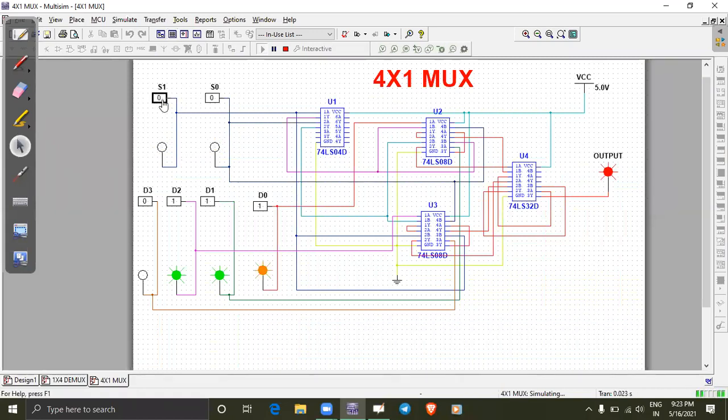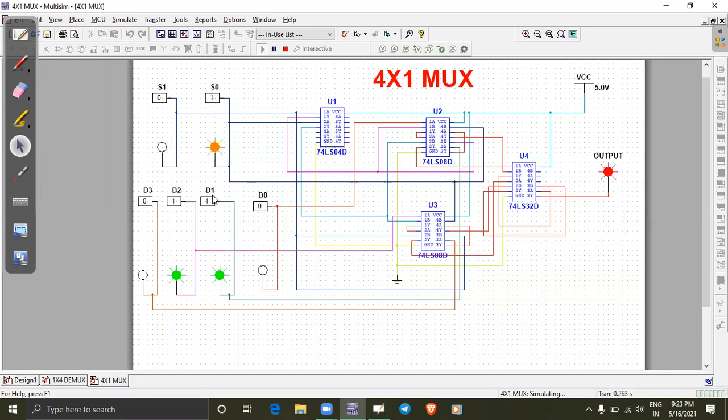Initially I give both select lines as 0. When D0 is 1, the output LED is glowing. When I change the logic to 0, it doesn't glow, because 00 means it selects D0 as the output.